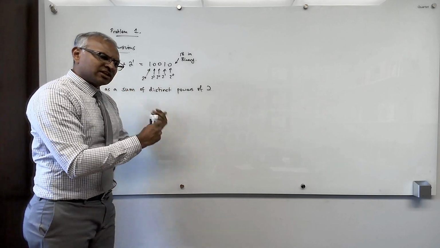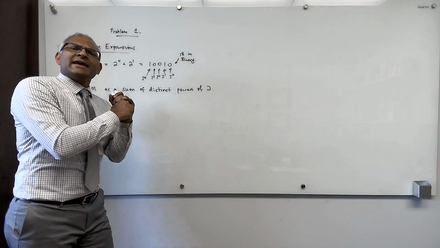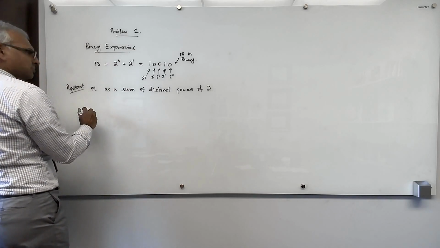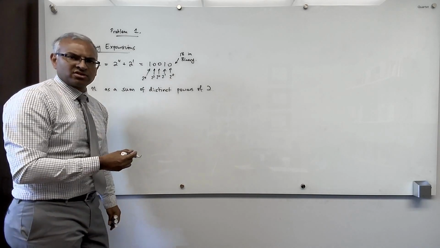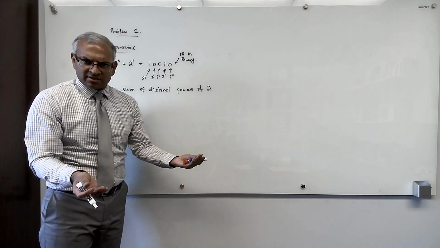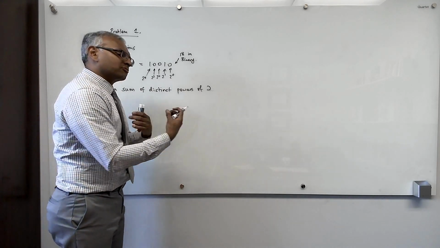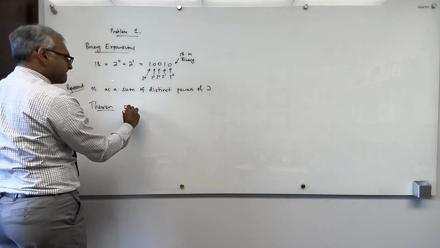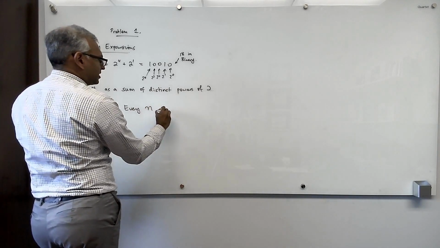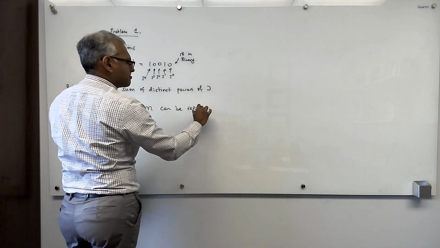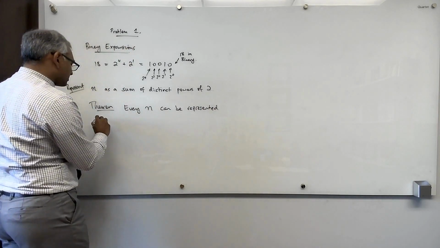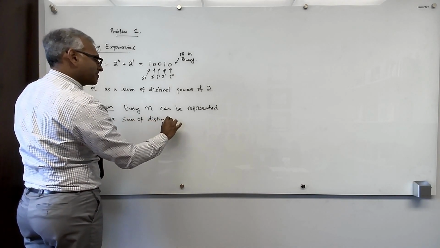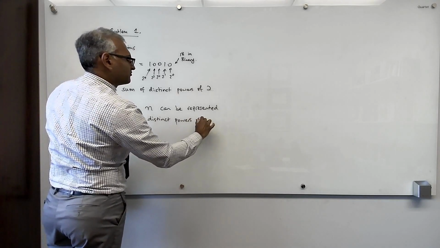You might have taken this for granted, but an interesting question arises: can every number n be represented in this way? Theorem: just like the fundamental theorem of arithmetic, which is another example of a representation theorem in terms of primes, every n can be represented as a sum of distinct powers of 2.